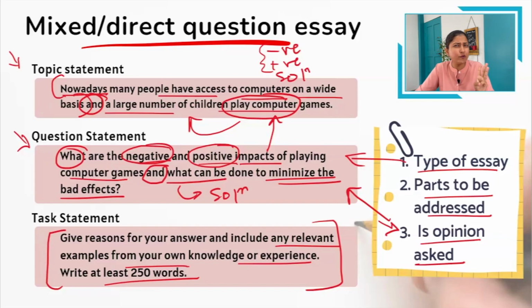But is it asking you for your opinion, that do you agree that this is happening, or do you disagree with this, or do you think this is good, do you think this is bad, do you think people should have access to computers, is it good to have children playing games? No opinion is being asked, right? Is the opinion asked? No, not at all. Clear?